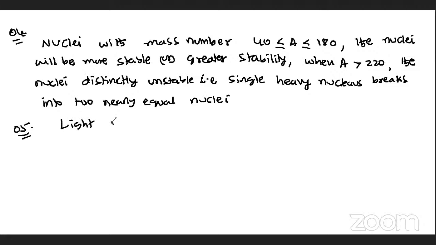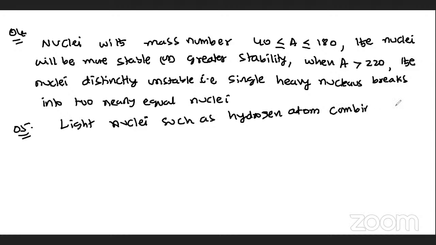Light nuclei such as hydrogen atoms combine to form a heavy nucleus such as helium, for greater stability.